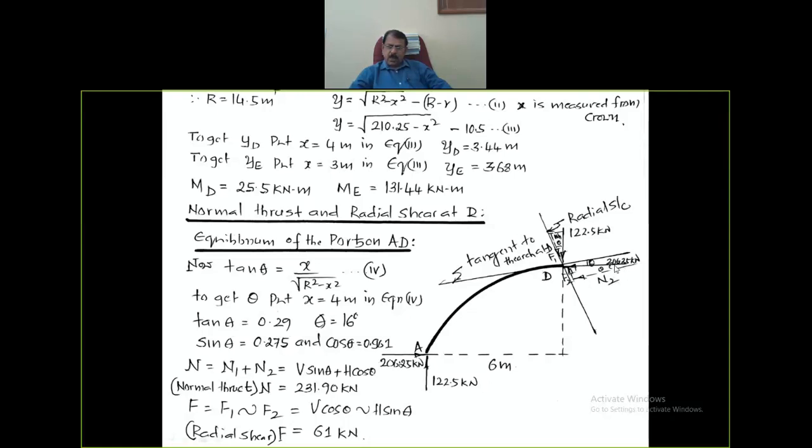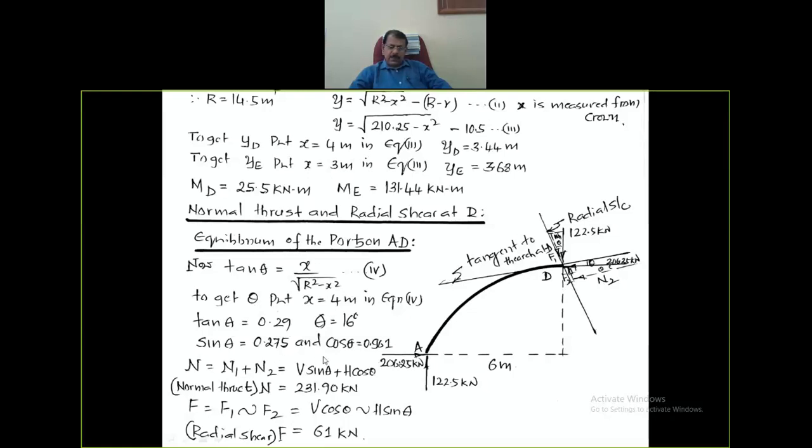Similarly, resolve the horizontal thrust in two mutually perpendicular directions, one parallel to the radial direction, the other parallel to the tangential direction. For 122.5 kilonewton, call the components N1, F1. Similarly, for the component 206.25 kilonewton, call the normal thrust N2 and radial shear F2.